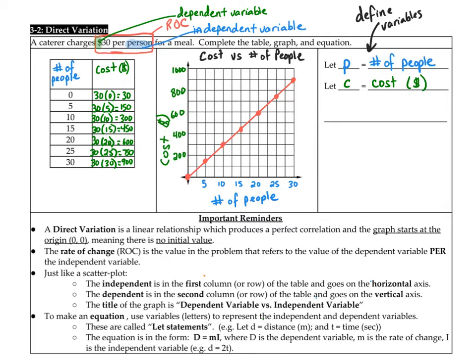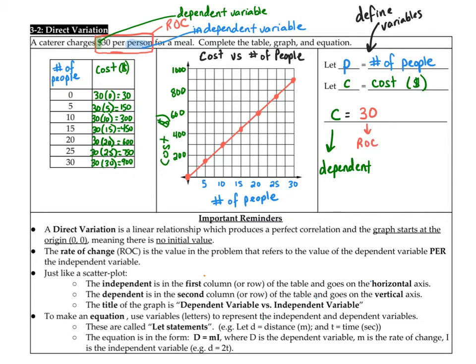And the way the equation works is you start with the dependent variable, and that is equal to the rate of change, which is 30. That's the rate of change.